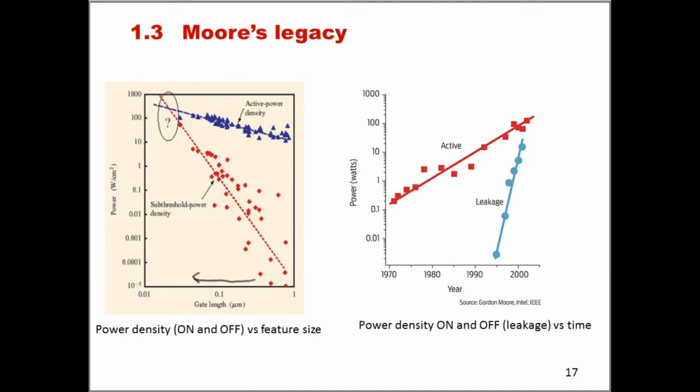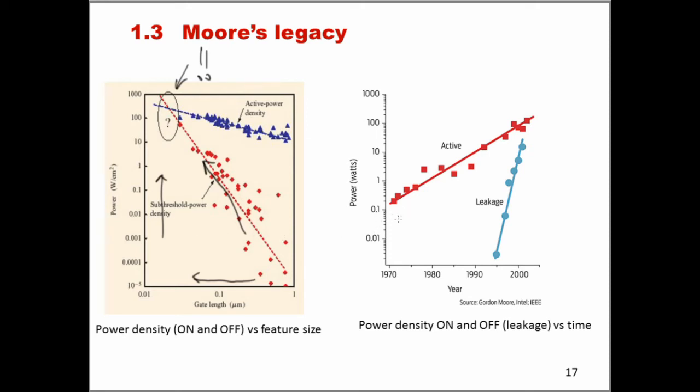At the same time, the subthreshold power goes up. That's what is happening. So we move along this path. And so what happens basically is that there will be a moment when you shrink too much that what you consume when the device is on and when the device is off is basically the same. And this is obviously the moment where we will be in big troubles.